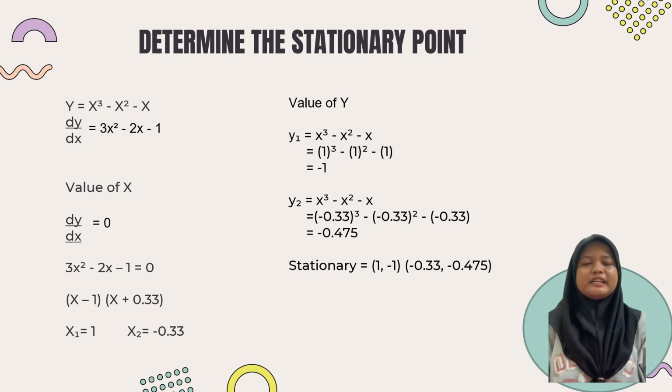So y2 is negative 0.33 power of 3 minus negative 0.33 power of 2 minus negative 0.33. So we get the answer negative 0.475. Then we get the stationary points, which are (1, negative 1) and (negative 0.33, negative 0.475).